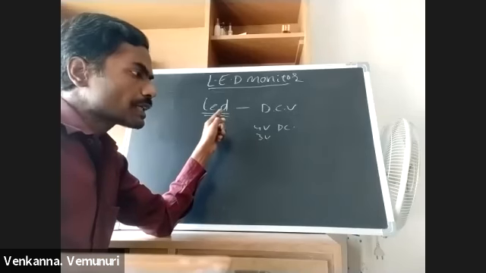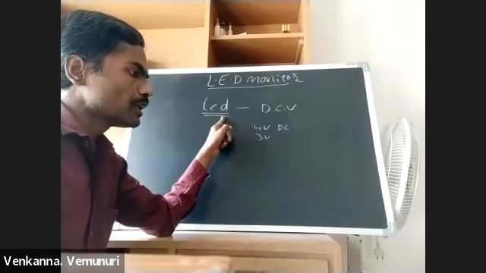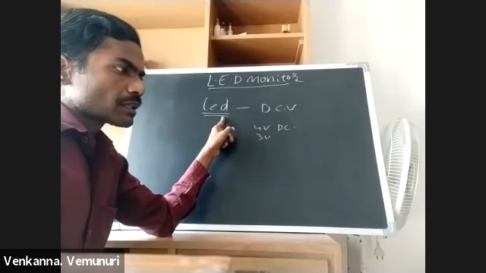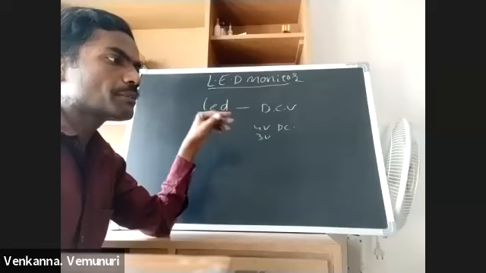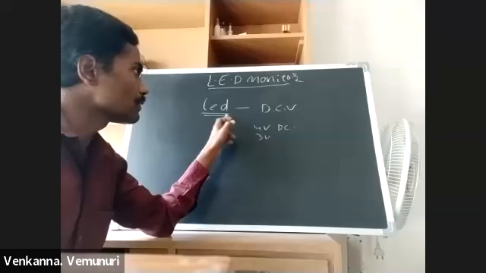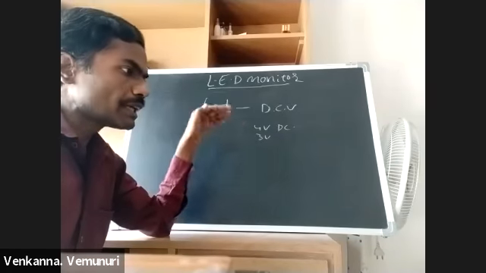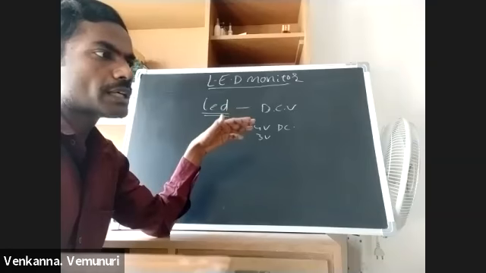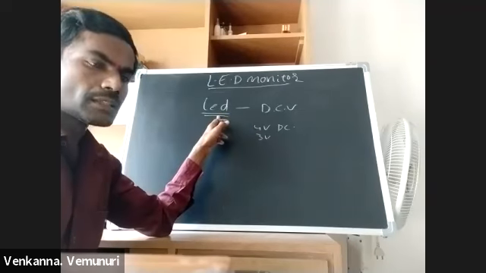And what is the advantage of the LED, the light emitting diode? It consumes less power and it gives high brightness light. That is the main advantage of this LED. That is the reason nowadays all monitors and all TVs are using LEDs.